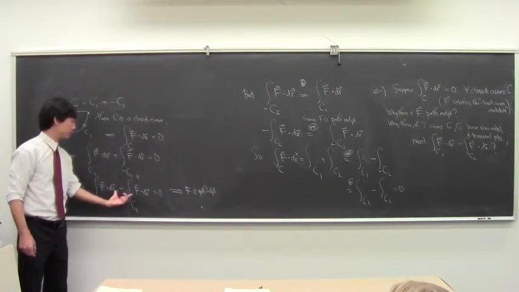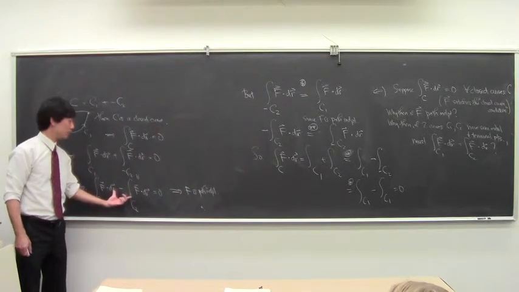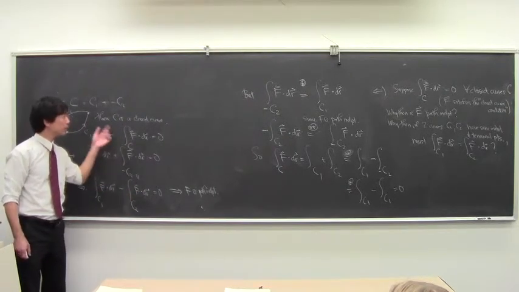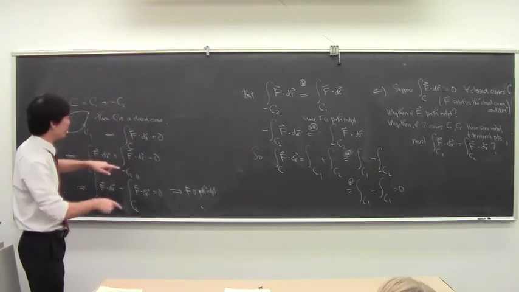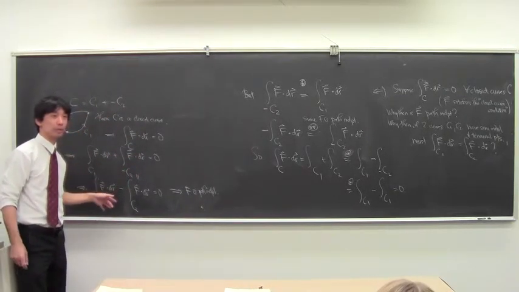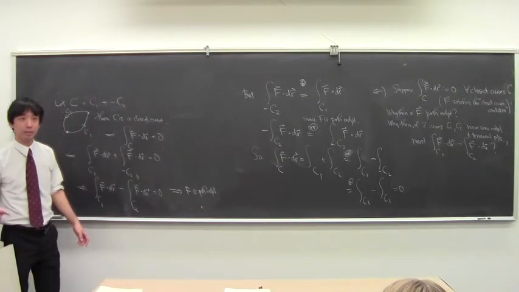And so their difference is 0, and so these integrals must be equal to each other. So what we see is that if you have any two curves with the same initial and terminal points, then their integrals are equal to each other. In other words, your field is path independent.